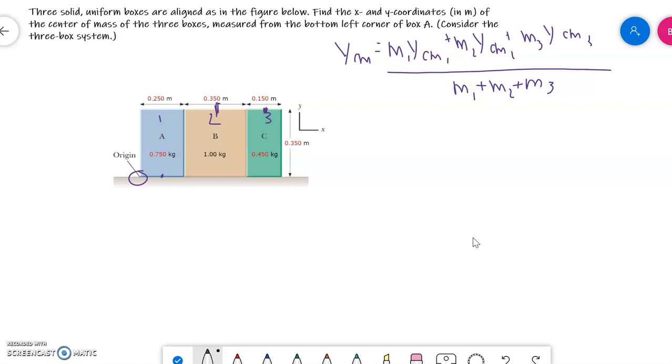So it looks the same as the x equation, but now we're using the y coordinates.